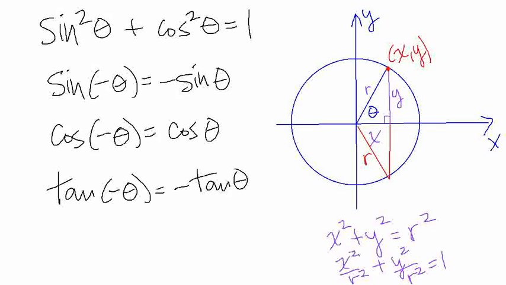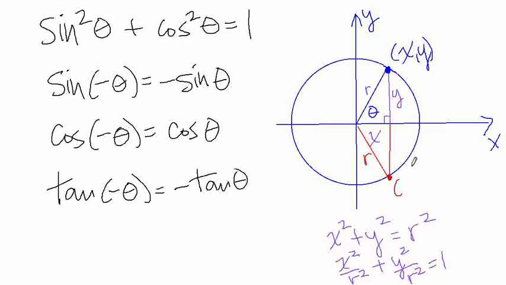For the original triangle, we did that one in blue, so let me draw the coordinates of the original point as x comma y, and now let me draw the coordinates of the new point in red.